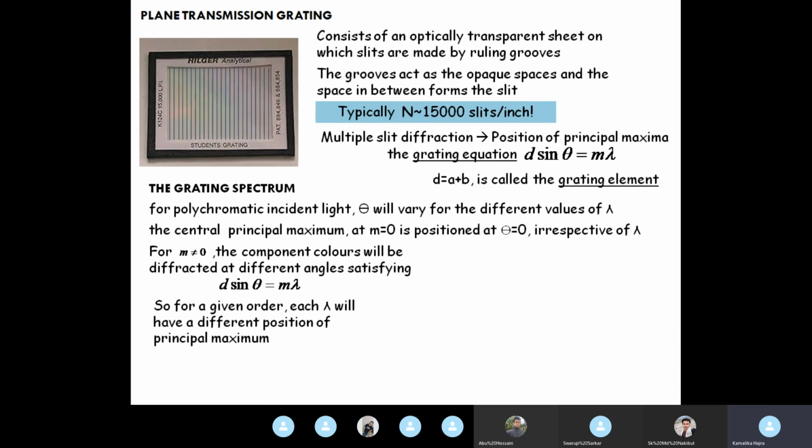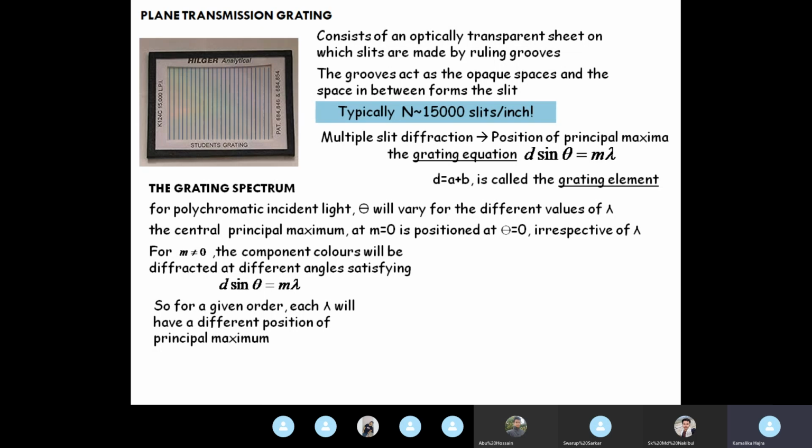Incident light is coming, at the central maxima they are all meeting in phase, so they will all be satisfying d sine theta equal to m lambda, and since m is 0, sine theta is 0. So everyone will come together, and when all the component lights fall on each other, we will get white light. But when you go to a higher order, m not equal to 0, a particular lambda will satisfy d sine theta equal to m lambda for a particular value of theta.